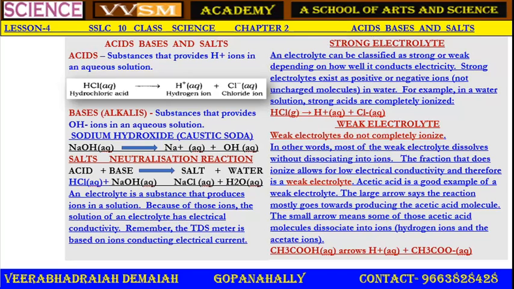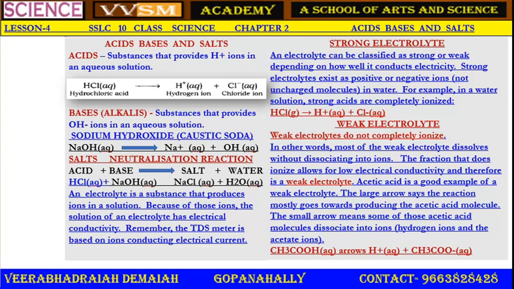For example, all strong acids like hydrochloric acid, sulfuric acid, nitric acid and other strong acids, HF, hydrofluoric acid, they all belong to the strong acids. Similarly, strong bases are sodium hydroxide, potassium hydroxide, etc.